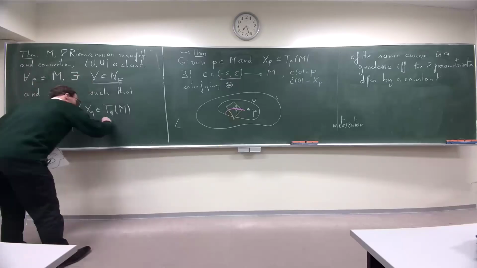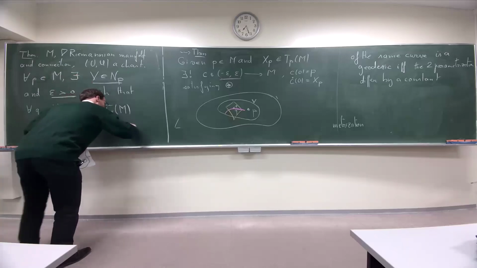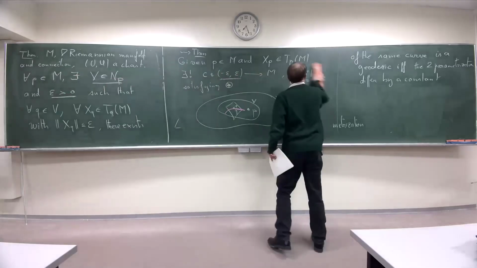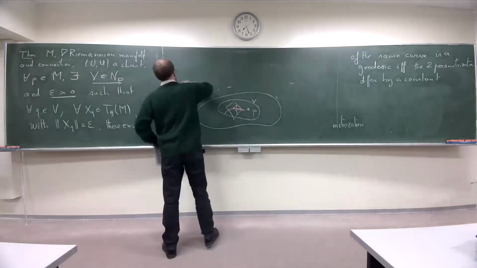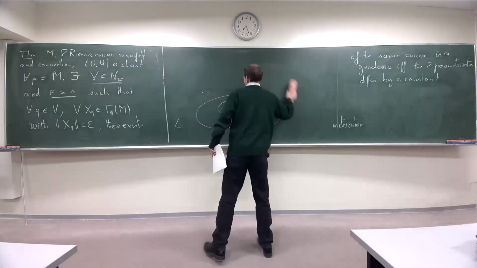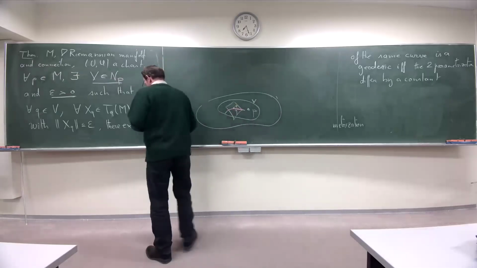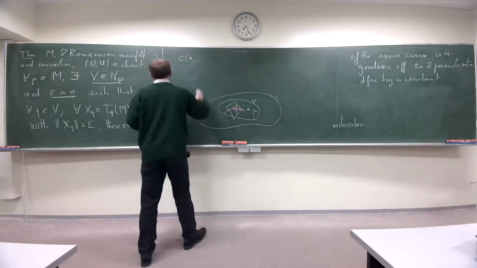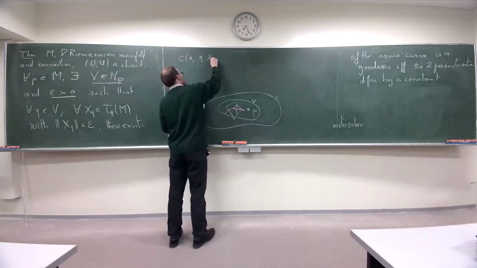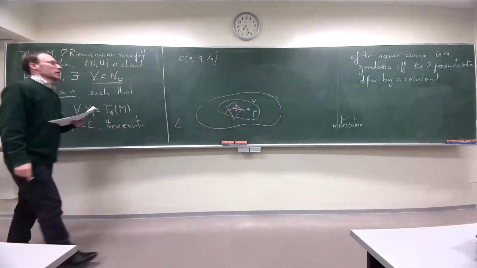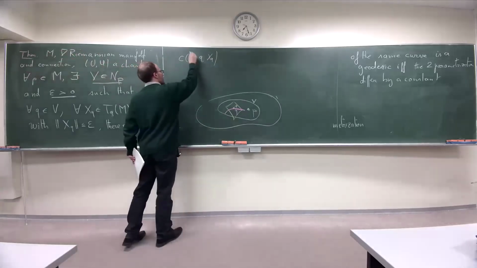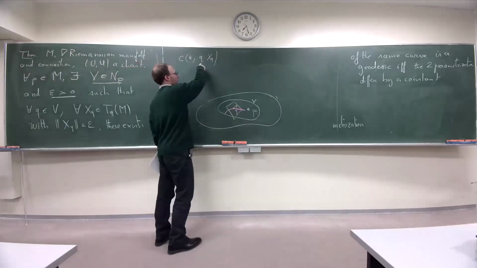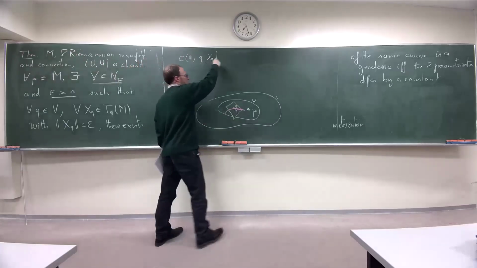There exists a curve. It's going to depend on Q and on X_Q. So I change slightly the notation. The time is the first variable, so I just put this, but it also depends on Q and on this tangent vector.